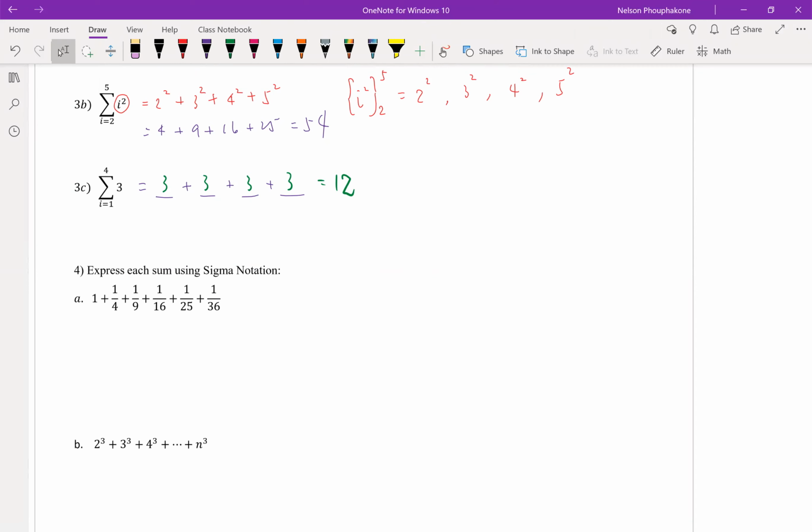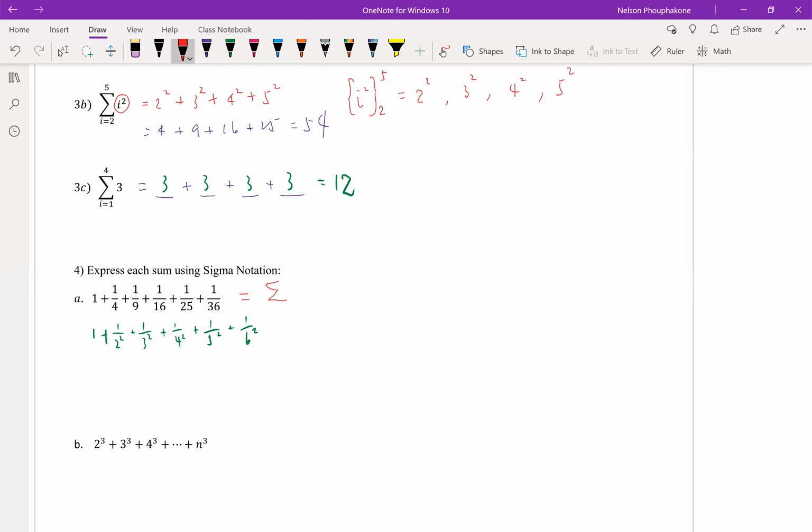Again, let's see if we have a pattern here. In this case, the pattern that we have is 1, and then 1/4, 1/9, 1/16. It seems that we have a number squared. So I will have 1/2 squared plus 1/3 squared plus 1/4 squared plus 1/5 squared plus 1/6 squared. Ooh, if I see a pattern, then I will be able to rewrite this as a summation.